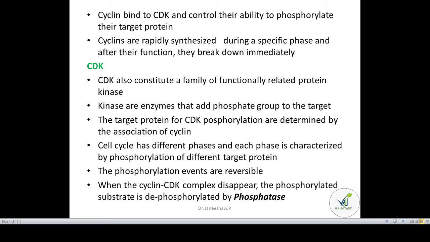So the phosphorylation is needed for the activation of that protein, and after the Cyclin-CDK complex disappears, we don't need that protein anymore. So we have to dephosphorylate that particular protein with the help of the enzyme phosphatase.